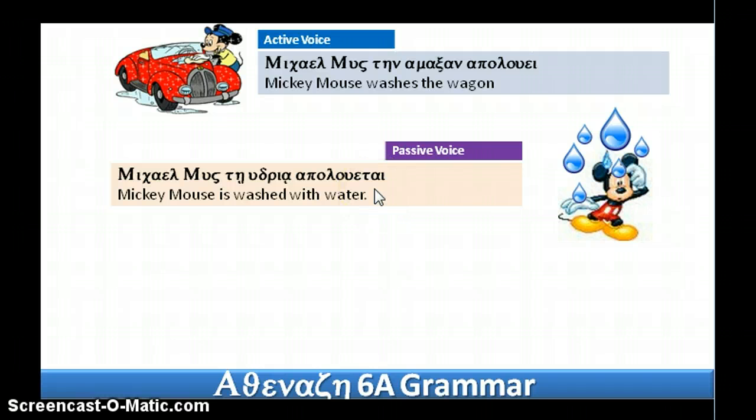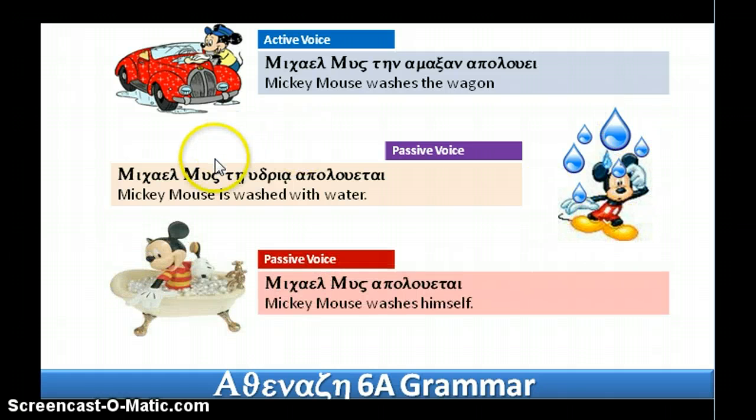The middle passive could be used passively: Mickey Mouse is washed with water, using a nice dative of means phrase. Or you could also say, in the middle voice, Mickey Mouse washes himself in the bathtub. Apolouetai.